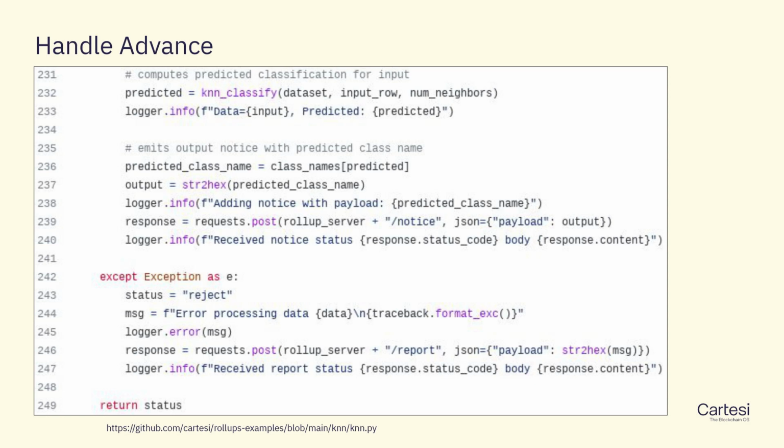And in case you're getting an error here, you're catching an exception just like you do in a regular program. Exactly. And as I said before, in case of an error, you're not going to accept that input. You're going to reject it. Then you're going to throw a report to say what went wrong. And in these lines of code, he's just formatting the error message so that you can know what went wrong, right? Exactly.